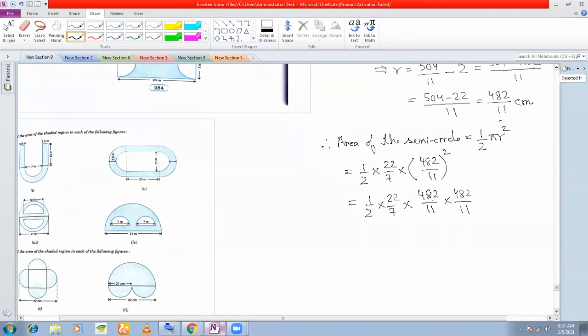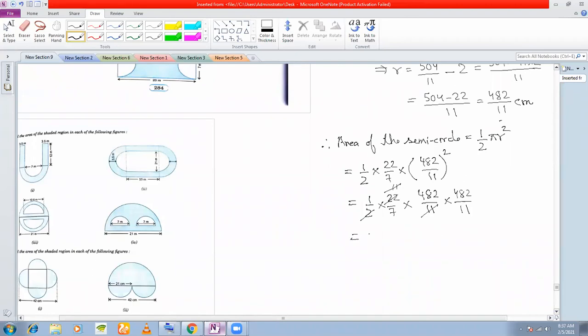Okay, this 2 and this will cancel, and nothing else will cancel. The 11 will also cancel.